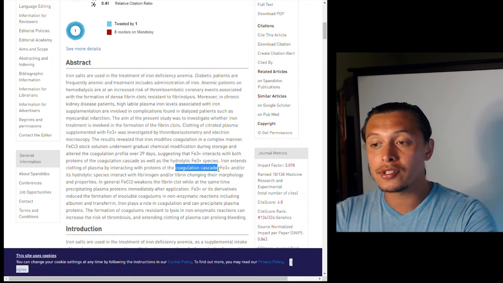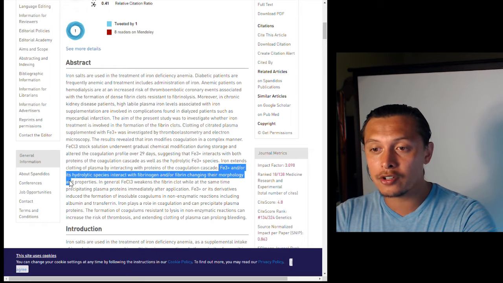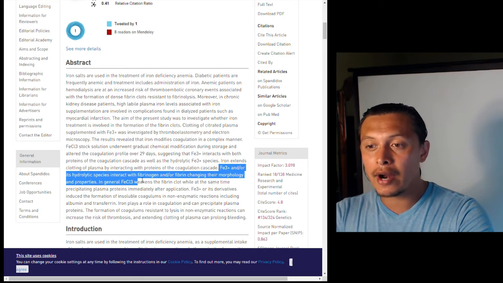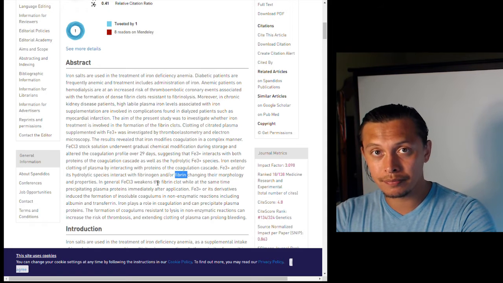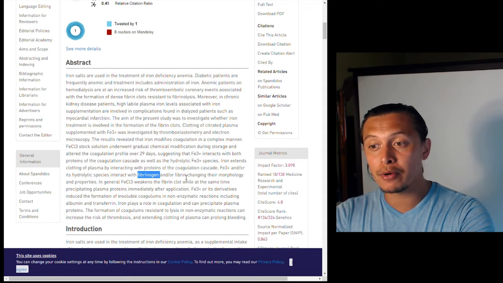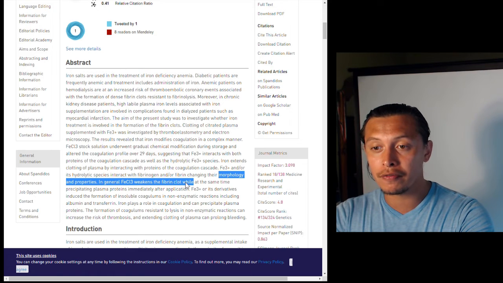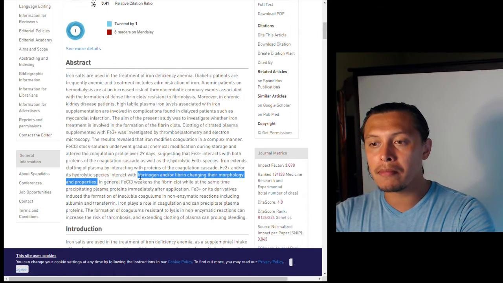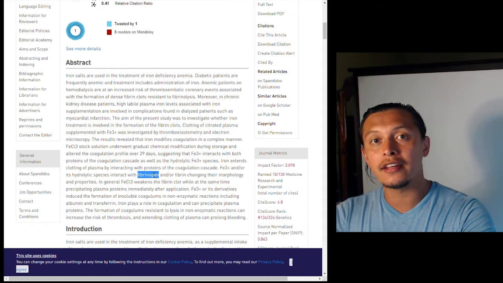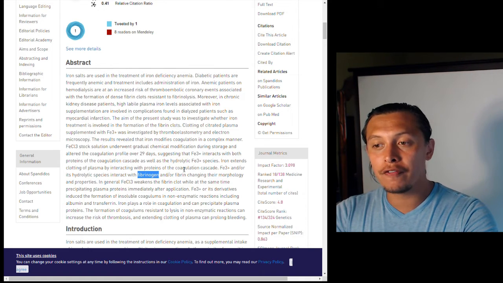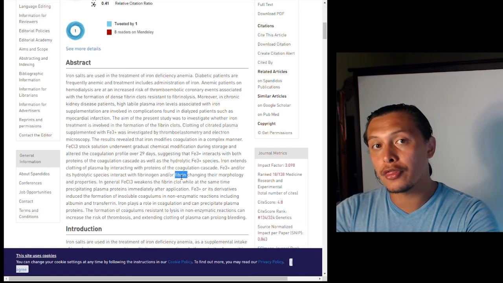So there is that, and then iron 3 plus and/or its hydrolytic species interact with fibrinogen and/or fibrin, which is changing their morphology and properties. So remember how I said fibrinogen gets catalytically converted into fibrin through thrombin.